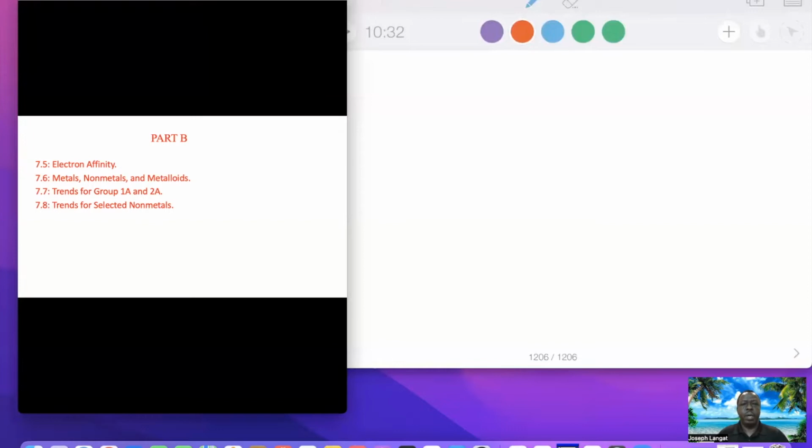Remember the numbering of groups using the number and a Roman numeral. You should also know their special names. And then trends of a few selected elements.